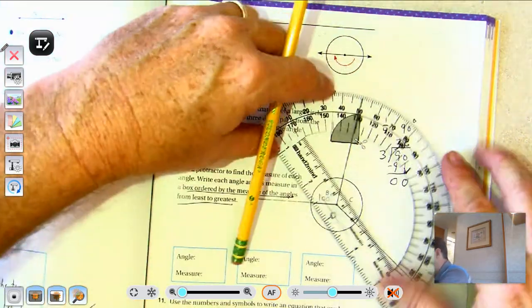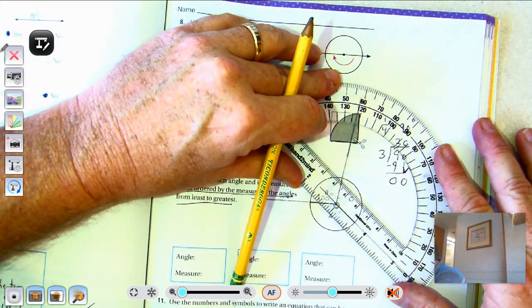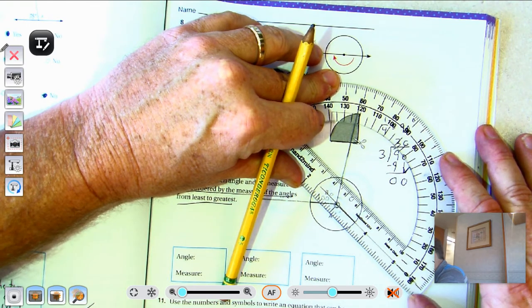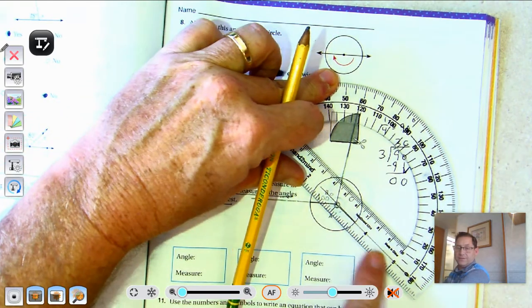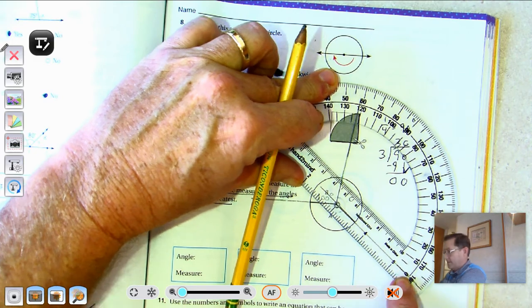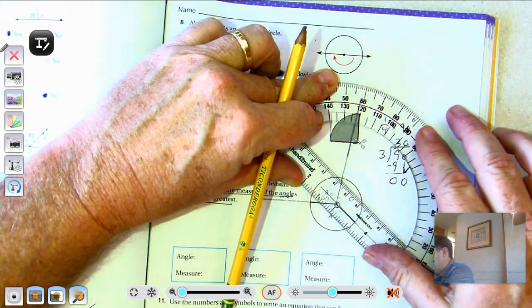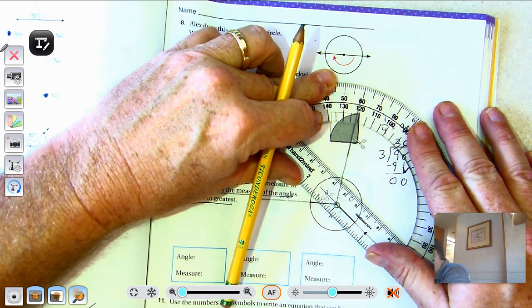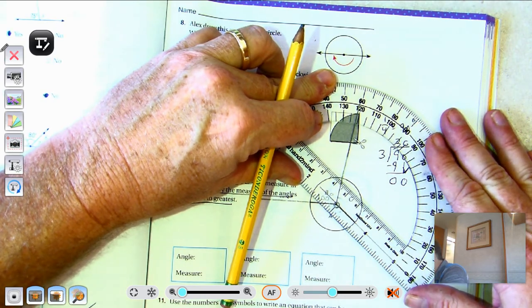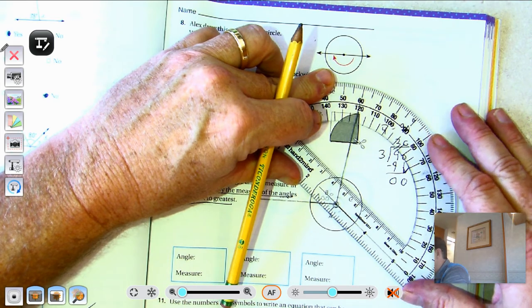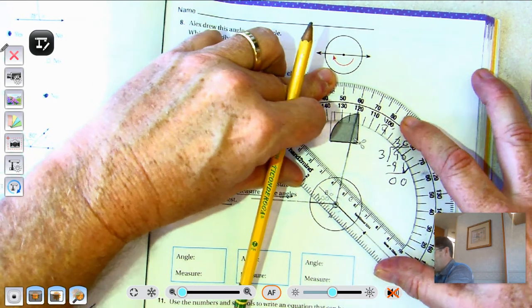C. Okay, again, line up the center point, line up your ray with 0. I'm using this side as 0, so I'm going to use the inside and see where it crosses. And it looks like it crosses at 120 degrees.